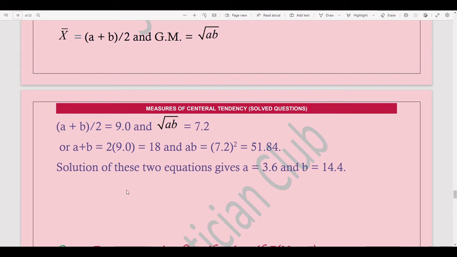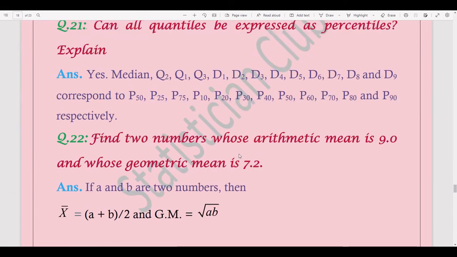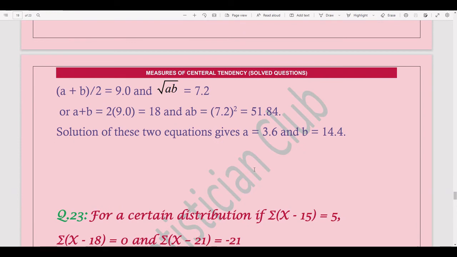So we compute two numbers whose arithmetic mean is 9 and geometric mean is 7.2. The arithmetic mean we can find by this formula, 18, and the geometric mean is this. Now we search for such numbers. When we add these numbers, the answer will be 18, and when we multiply them, the answer will be 51.84.